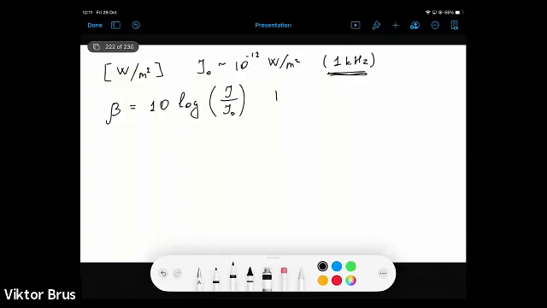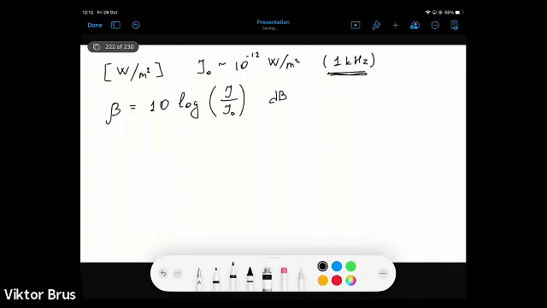So decibels show how many orders of magnitude it is louder than the threshold of hearing.